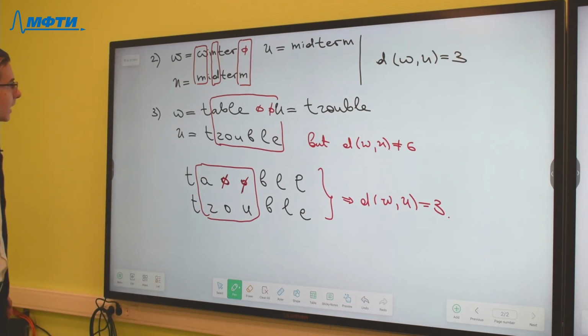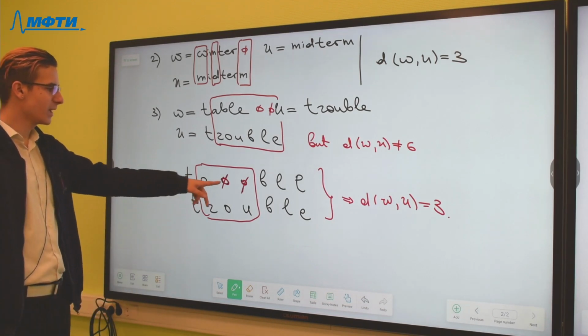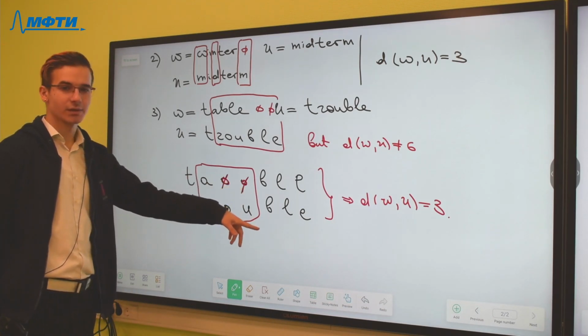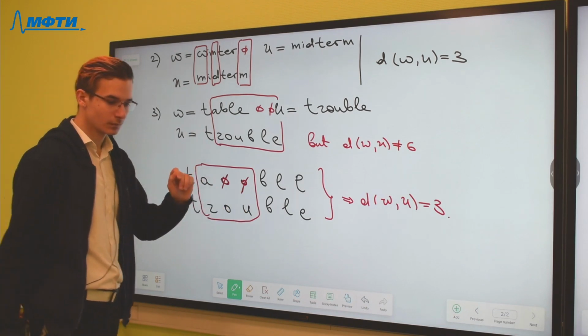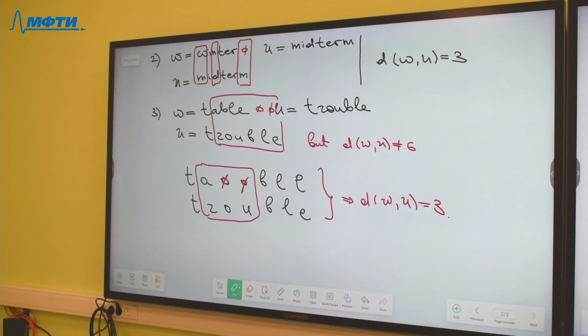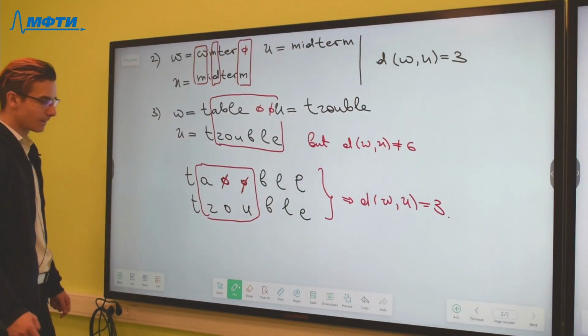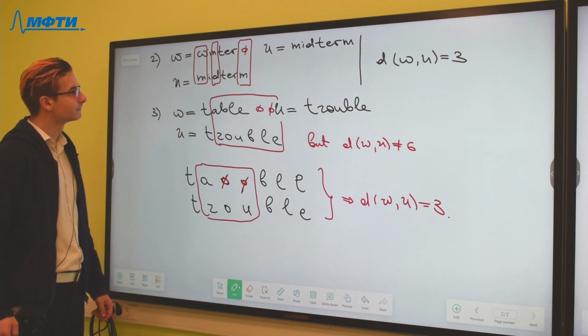Okay. So of course we can add these empty words in the second word too. And maybe that makes sense because the second one is longer than the first one.